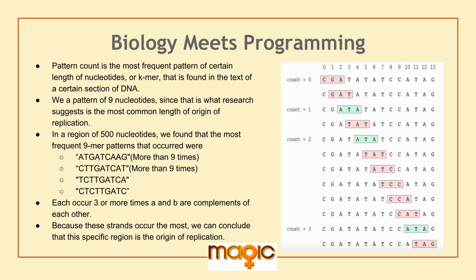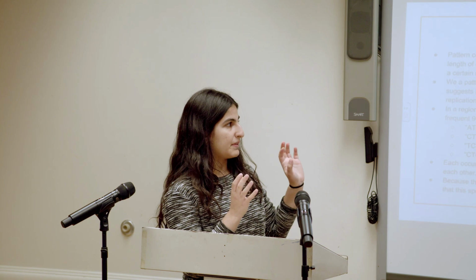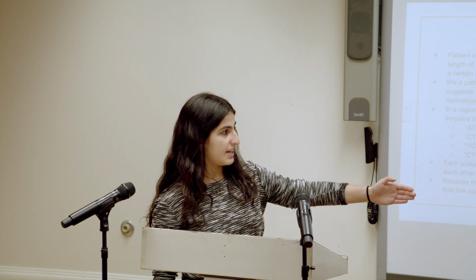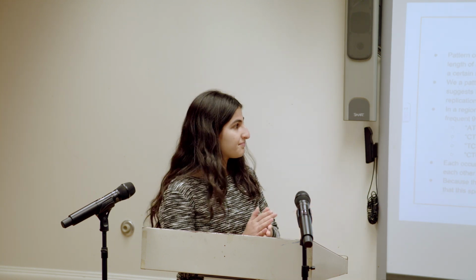We ran a window through this text, and every pattern that came up, the code would place that pattern into a list, and for every pattern that came up again, a number would come up next to it. So over here, ATA comes up 3 times, so next to ATA it would say 3.